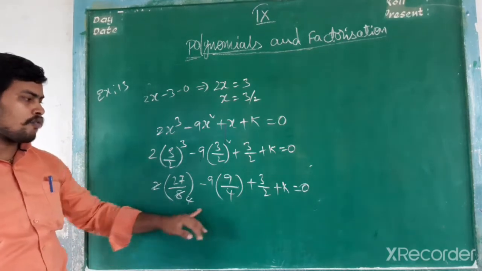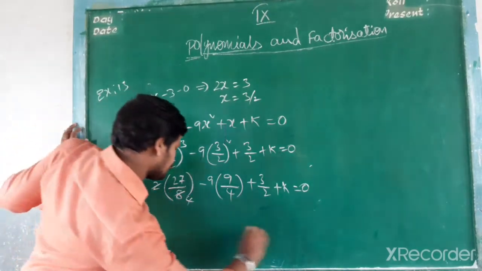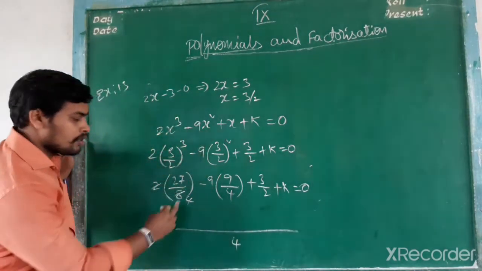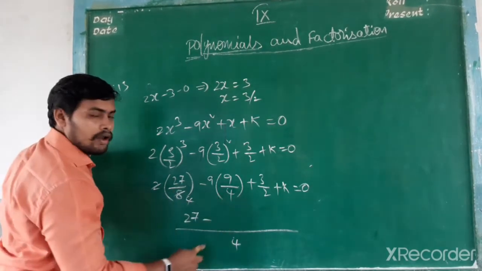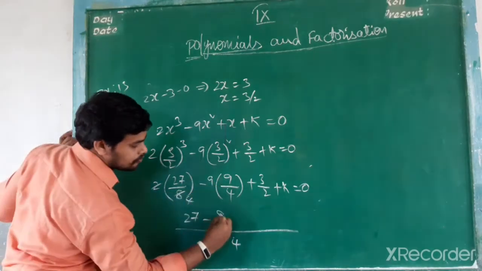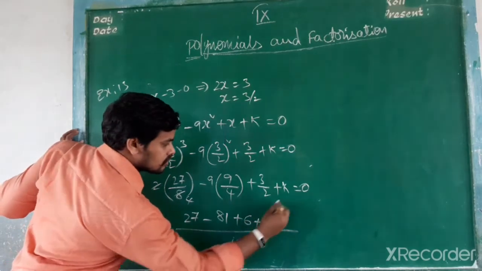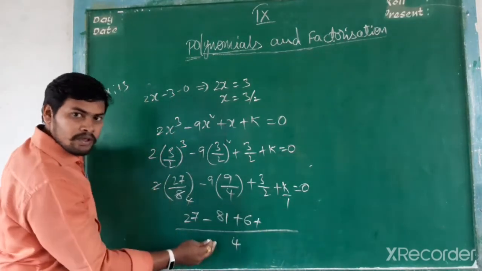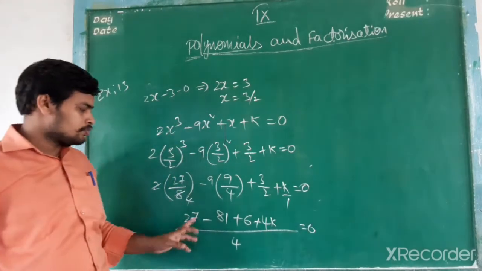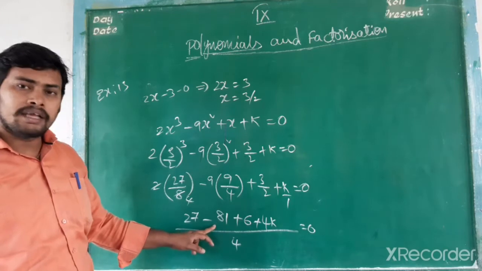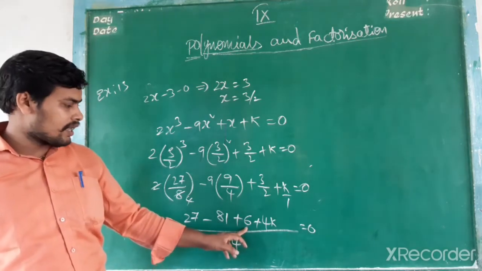Now the LCM of 4, 4, 2 and 1 is 4. 4 into 4, 1 time, 1 into 27, 27. 4 into 4, 1 time, 1 into 9, 9 into 9 is 81. 2 into 4, 2 times, 2 into 3, 6. Here 1 into 4, 4 times, 4 into k, 4k, then the result is 0. Here 27 minus 81, minus 54. Minus 54 plus 6, minus 48.